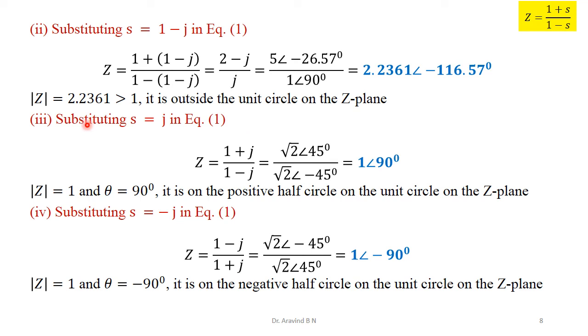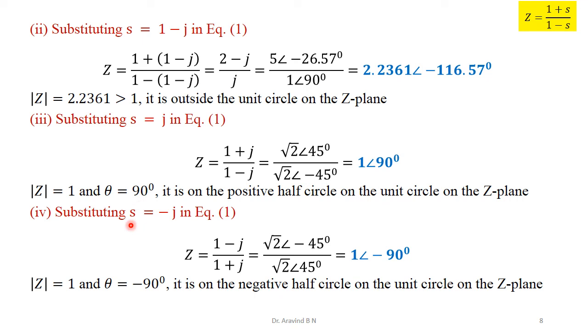Similarly, for 3 we substitute s is equal to j, and we obtain 1 at an angle of 90 degrees. So 1 is the magnitude. Since this is equal to 1, this exactly lies on the unit circle on the z plane. Theta is the angle or phase, and since theta is equal to 90 degrees, it is on the positive half cycle of the unit circle.